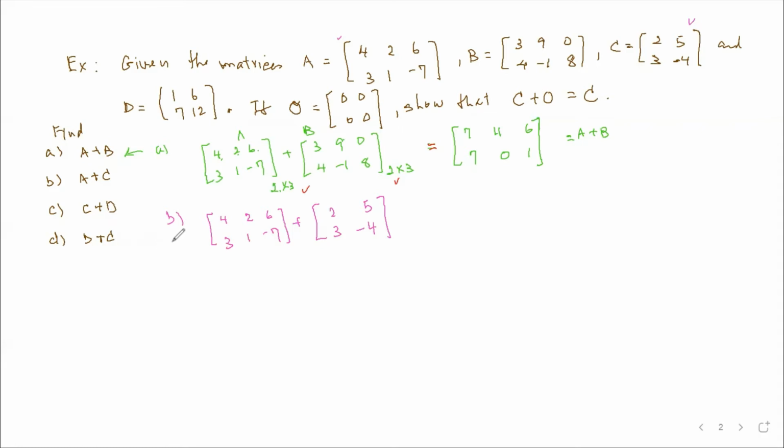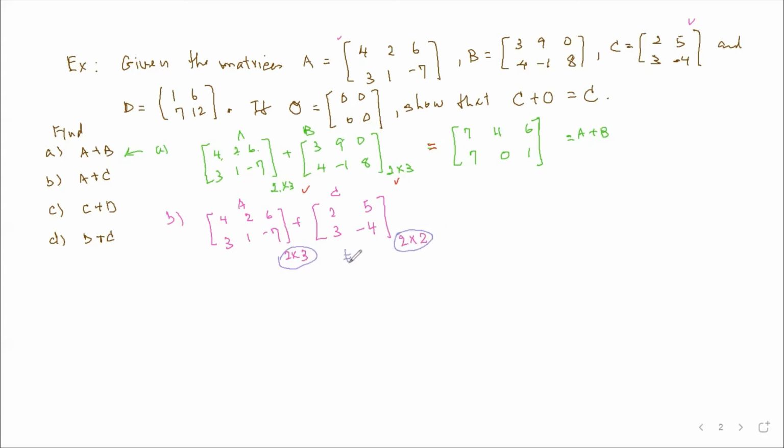So then this one have it or not? Check how many rows and columns we have. 1, 2, we have 2 rows. How many columns? 1, 2, 3. This is matrix A, okay? And this matrix C. So matrix C, you check how many rows we have. 1, 2, 2 rows. How many columns? 1, 2, we have 2 columns. So check this one. Both of them are different order, correct?